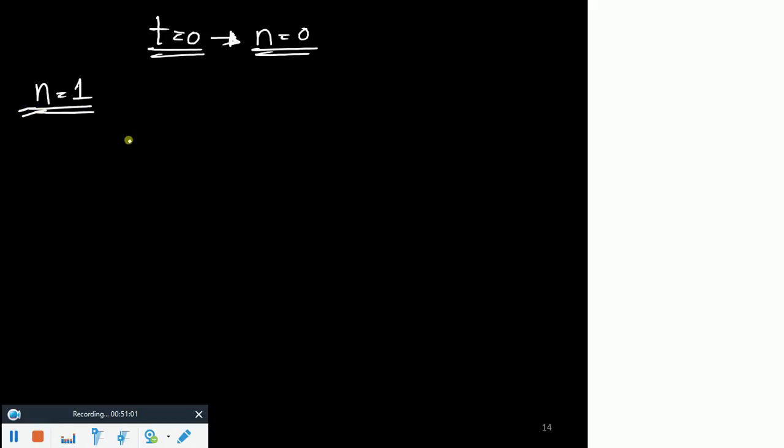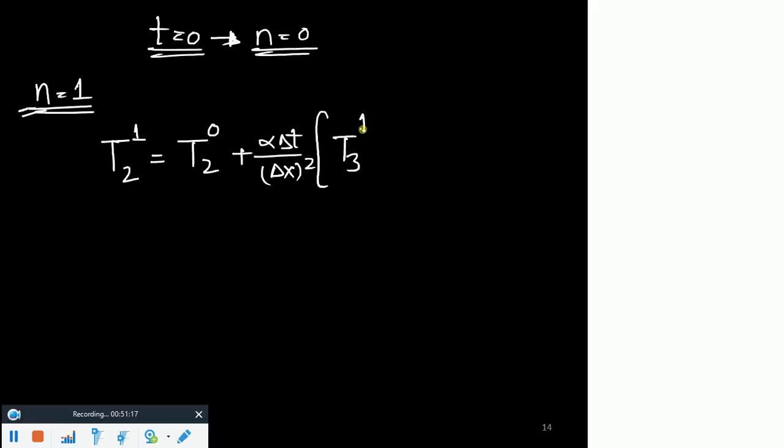Now, for example, just write down the equation for T2 at n equals 1. What would it be? T2,1 equals T2,0 plus alpha delta t by del x square, T3,1 minus 2T2,1 plus T1,1. Was that the equation? Right? Similarly, just write down the equation for 3 comma 1.